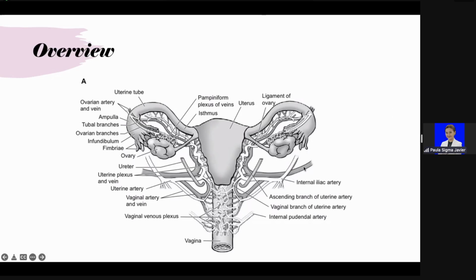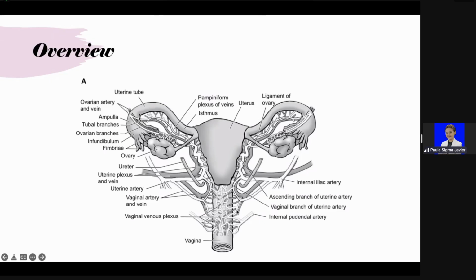Okay, so we will also discuss the blood supply of your female pelvic organs. So the ovaries and part of the fallopian tube as well as part of the uterus are all supplied by your ovarian artery. So the ovarian artery is a branch of your abdominal aorta.